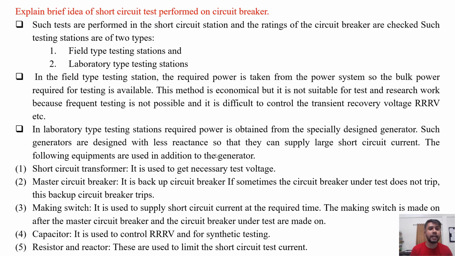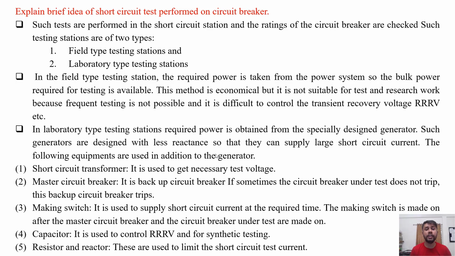In the field type testing station, the required power is taken from the power system. So the bulk power required for the testing is available readily from the grid. This method is economical, but it is not suitable for test and research work because frequent testing is not possible and it is difficult to control the transient recovery voltage, TRV, etc.